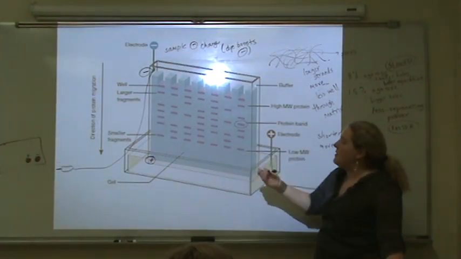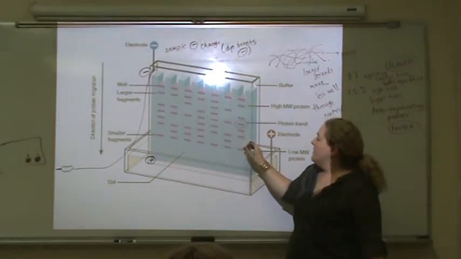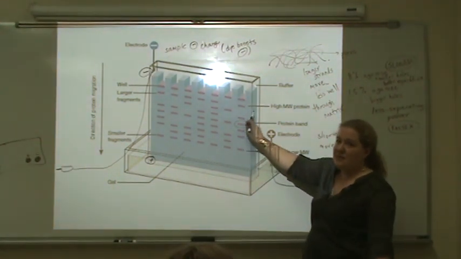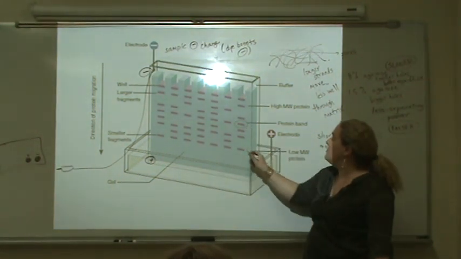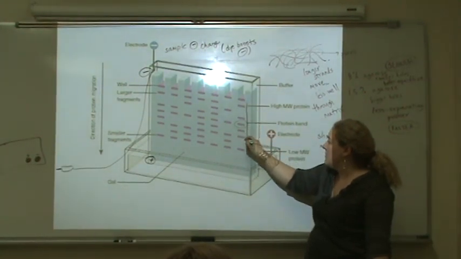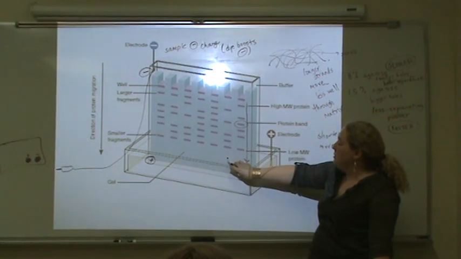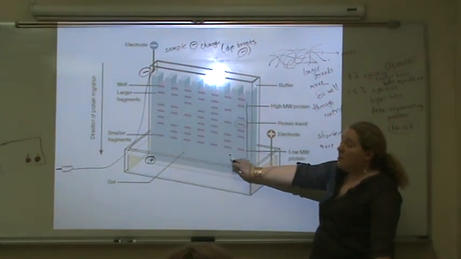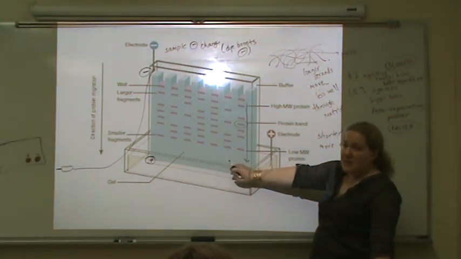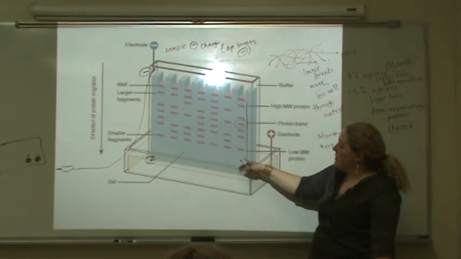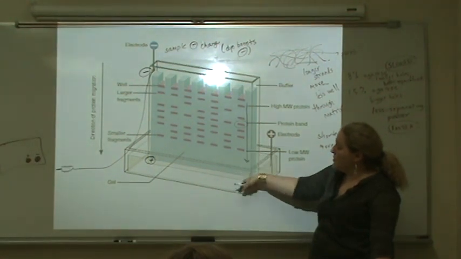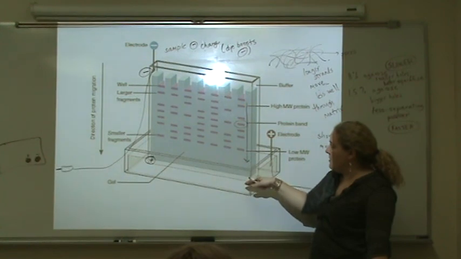You usually see some dye. The dye is small and fast, and it's like the leader of the race. You usually see dye migrating down, or colors migrating down. And when the dye gets down here, toward the end, you turn it off, because then you are sure that I don't have any protein smaller than dye. All the proteins are still in here.